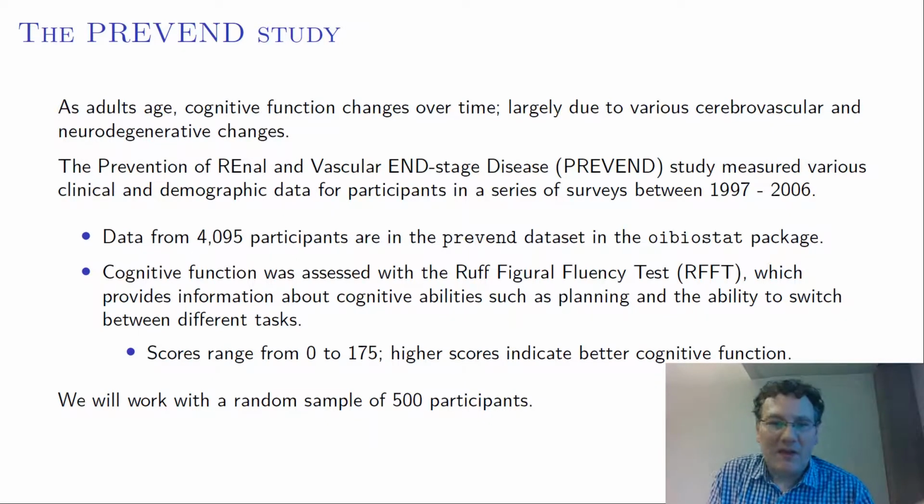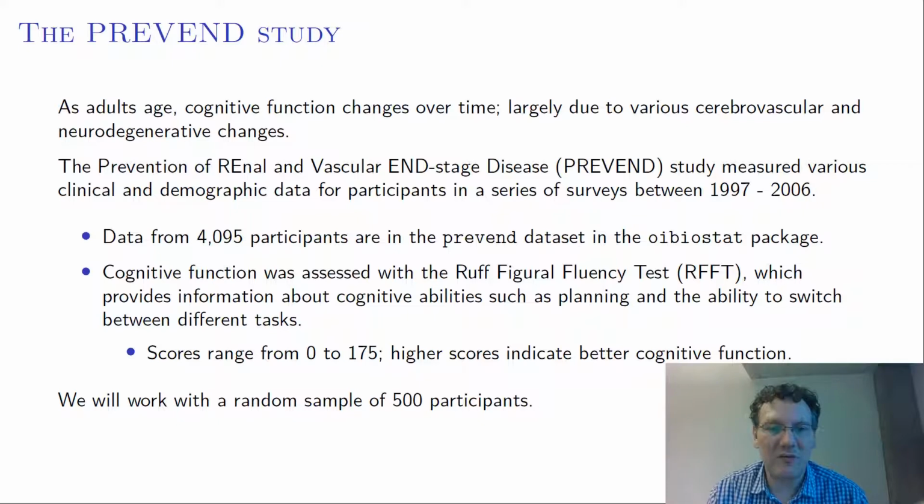Let's look at this example and then we'll talk about what the scatter plot looks like. The PREVEND study looked at the relationship between age and cognitive function. As adults age, cognitive function changes over time, largely due to various cerebrovascular and neurodegenerative changes.